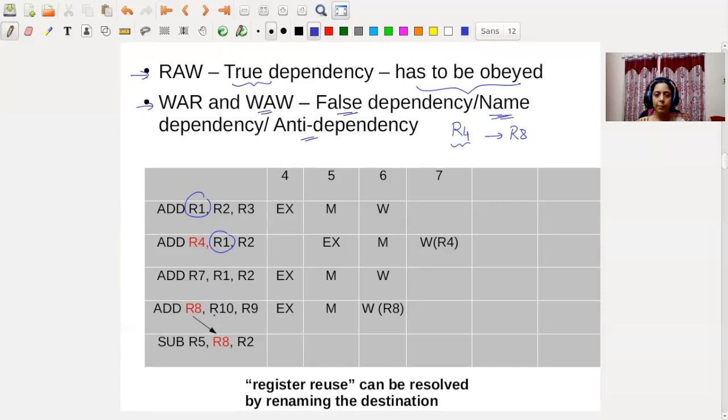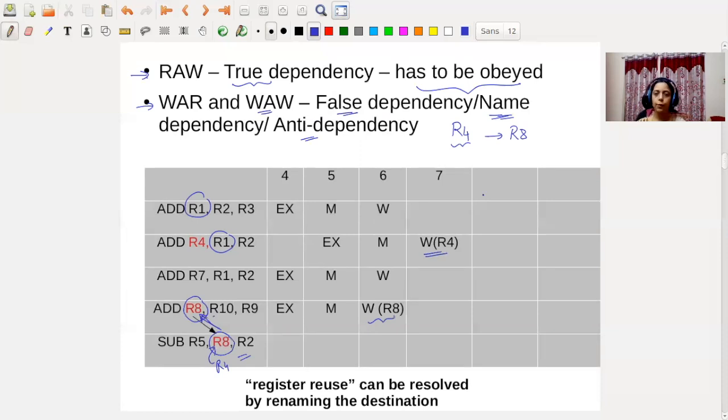So now if we rename the registers, how would we do it? We would rename this to R8, and the R4 here earlier would also be renamed to R8 because you actually need this register. Now in this case, there is no real hazard because you can still go ahead and write back R4 here and write R8 here, and this sub will still read the correct value of the register.